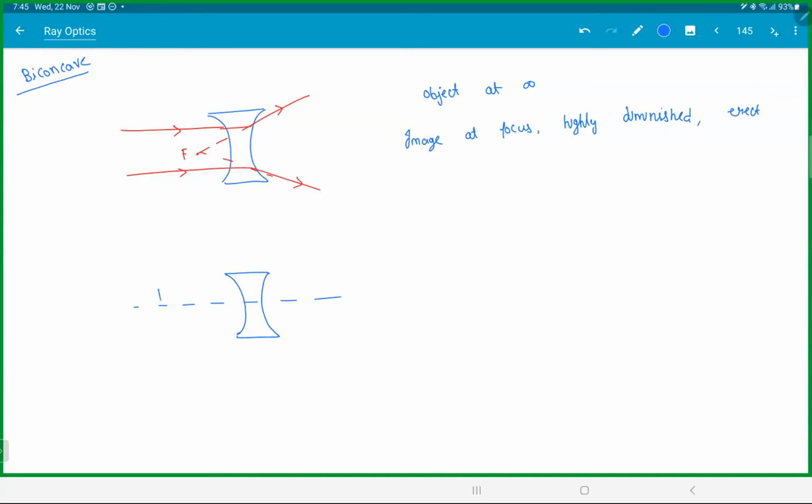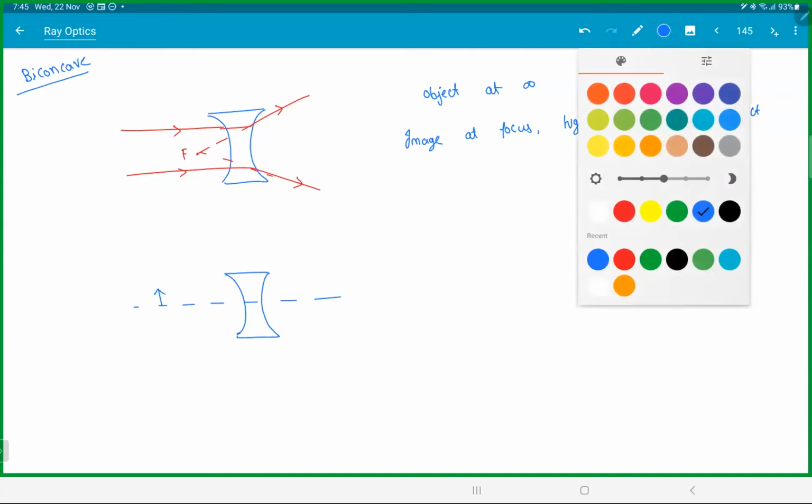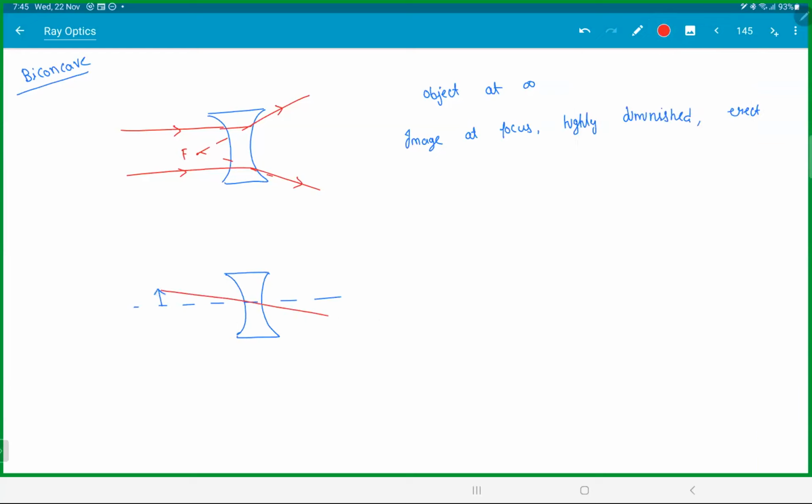If you keep the object here, this will go like this. This would go like this. When you extend this, the image would be, wait, it's focus behind, it would go like this actually.